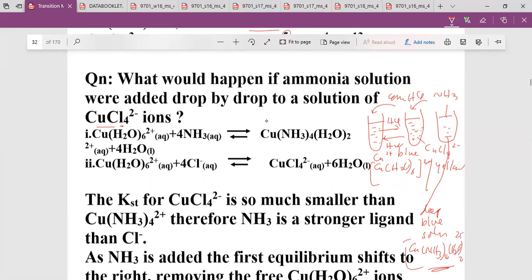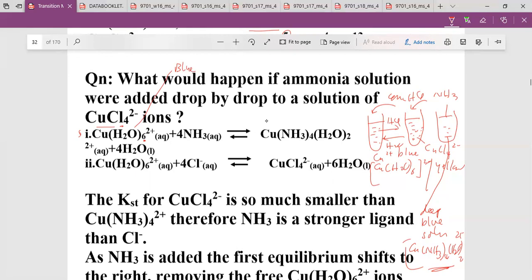So how do you explain this? Remember I told you that the Kst must always begin with the aqueous complex. So I put the first one here. This is the first equation, the Kst for copper aqueous 6. It's a blue solution. It can come from copper sulfate or copper chloride, doesn't matter.